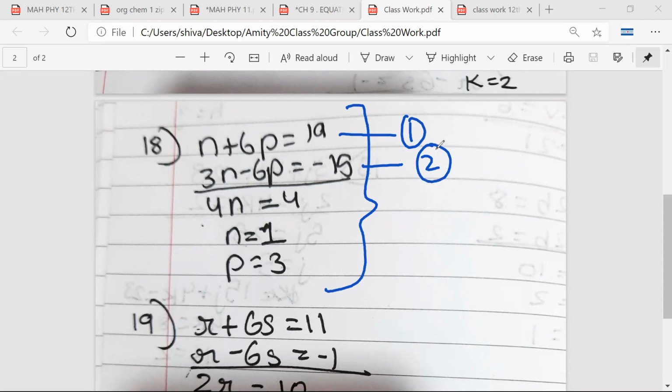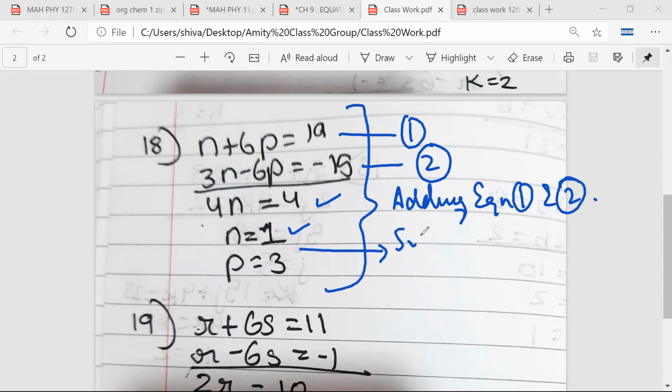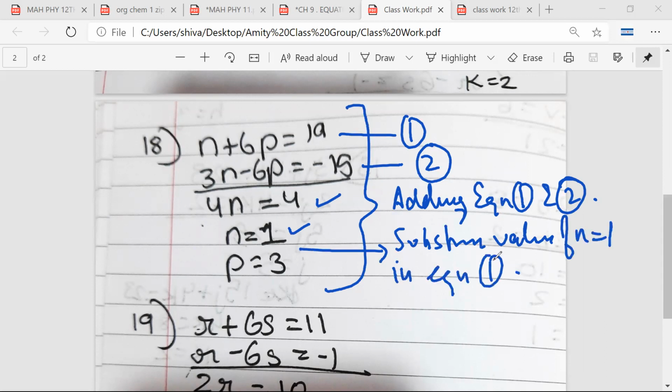You need to check from your school teacher whatever process she wants to follow, and after this you need to write adding equation 1 and 2. So you get 4n is equal to 4, n is equal to 1. Then usually what they say is that substitute the value of n is equal to 1 in equation 1 or 2, whatever you want. Have you understood what I'm saying?